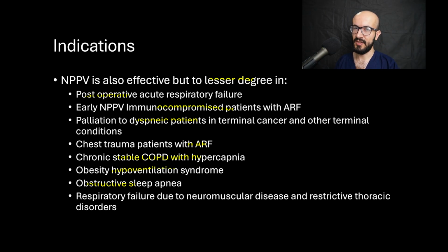Same applies in obesity, because you have much bigger soft tissues and it would be hard to get the air in through them. So the positive pressure ventilation would push the air in. And it is also effective in respiratory failure due to neuromuscular disease and restrictive thoracic disorders.